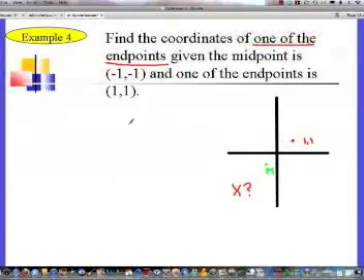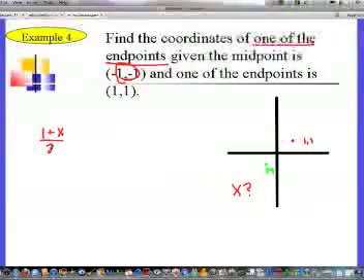So let's see how this works. We could do this the algebra way. Okay, so midpoint is, remember this, one of the endpoints is 1, 1. So 1 plus the other endpoint, which I don't know, I'm going to call that x, divided by 2. Now, that would be hard if I had a variable here and didn't know what this was, wouldn't it? But I do know the x-coordinate of the midpoint.